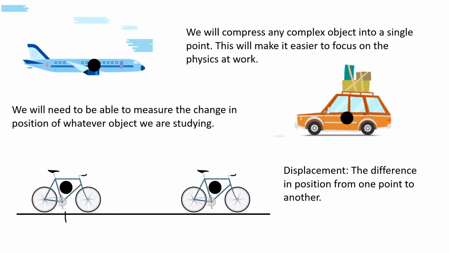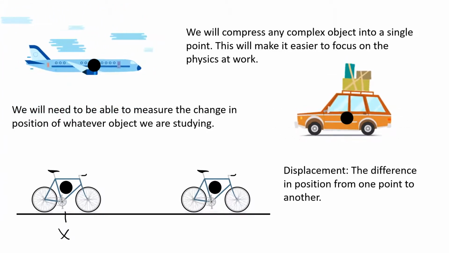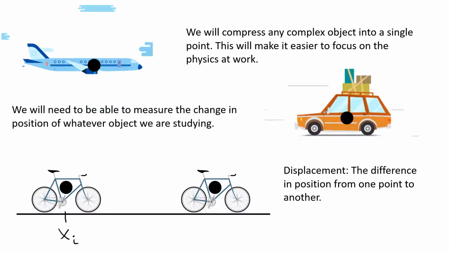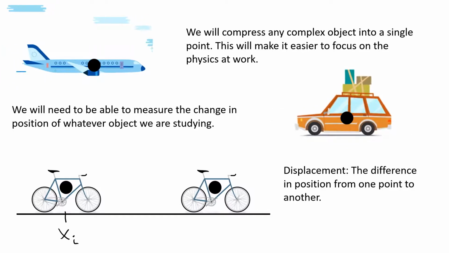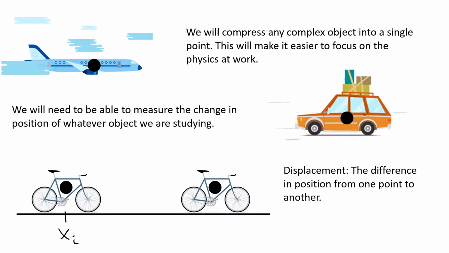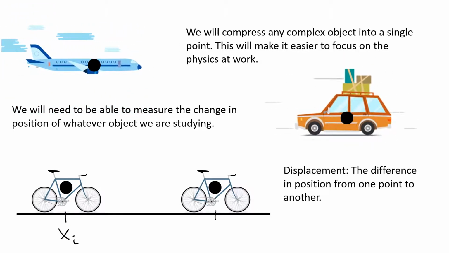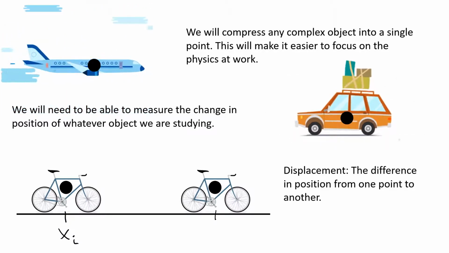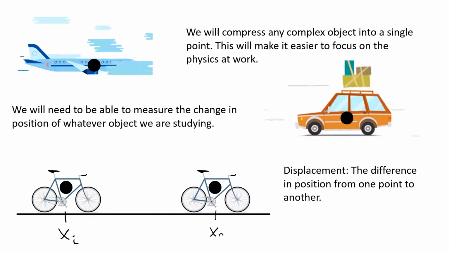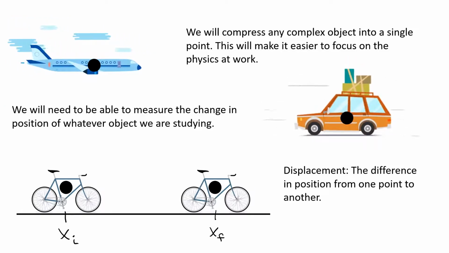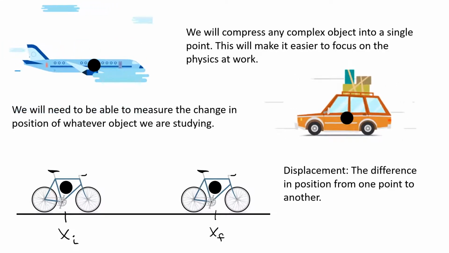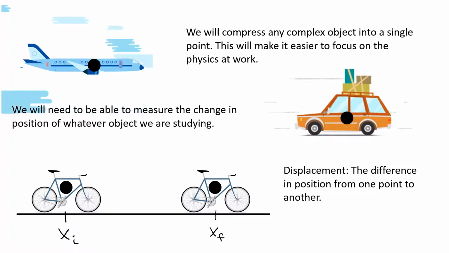So I'm going to say x sub i for initial, or wherever it starts. And wherever that dot ends, that's the final position, x sub f for final. And displacement is just the difference between the two.